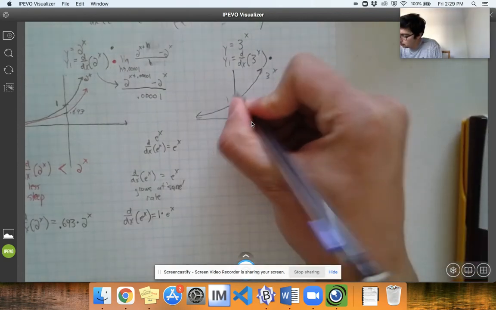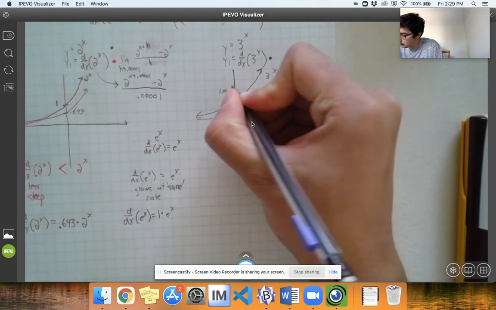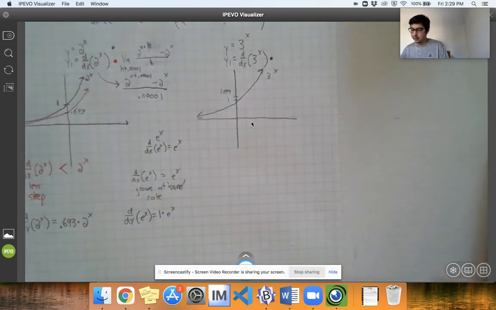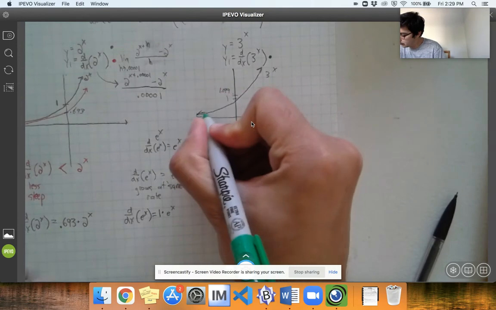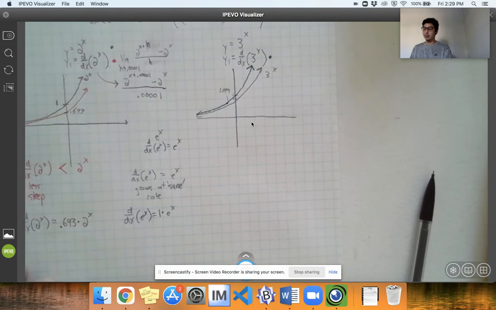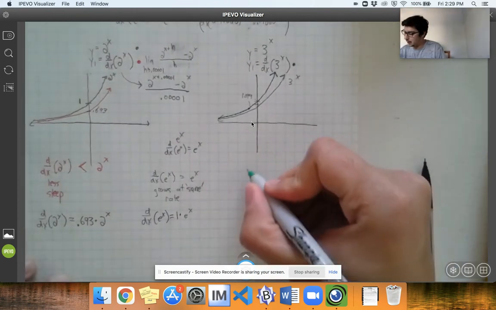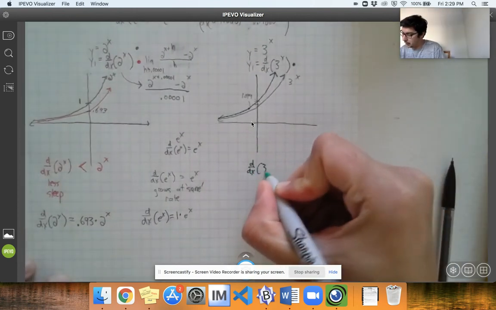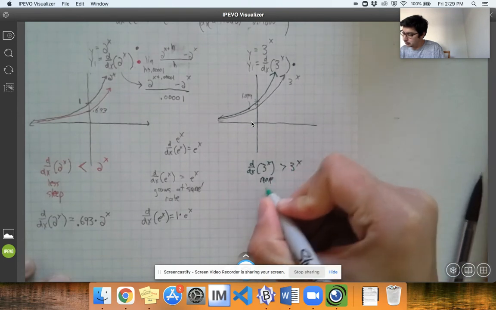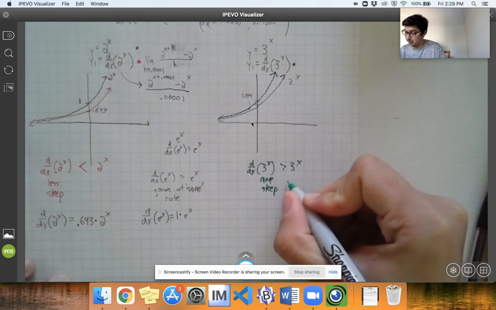So it's at 1.099, where it's growing at a steeper rate. So we might say here that d dx of 3 to the x is greater than 3 to the x, and it's more steep, or it's growing faster, you might even say.